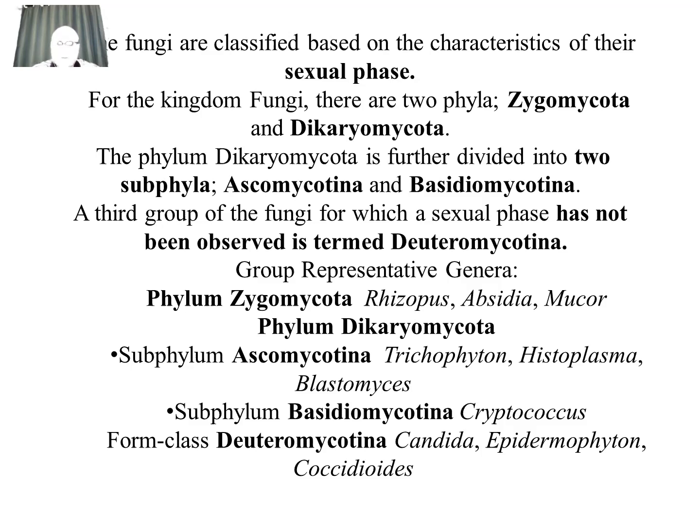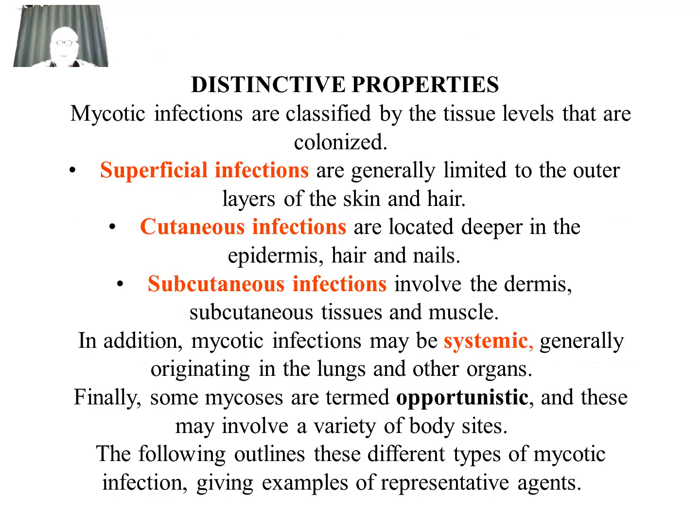This contains Cryptococcus, which is very common, known for causing fungal infections in the central nervous system. For the class Deuteromycotina, the common one is Candida, which causes vaginal candidiasis, oral candidiasis, esophageal candidiasis, etc. And coccidiosis, which is a very common problem in chickens and also very common in people who keep birds.